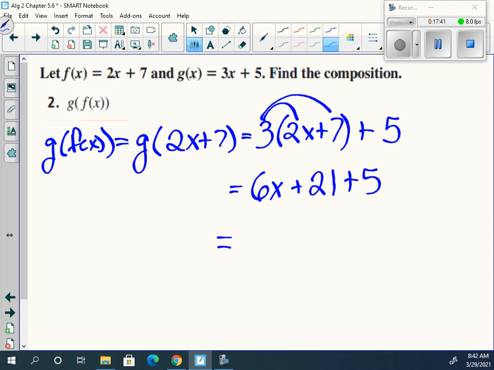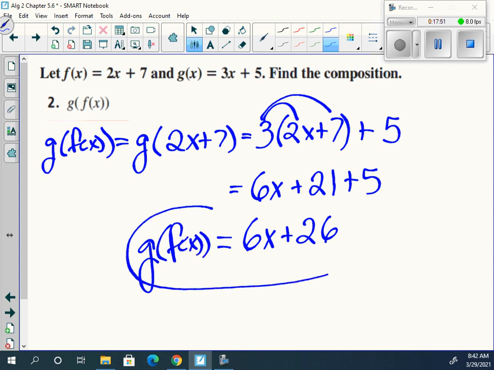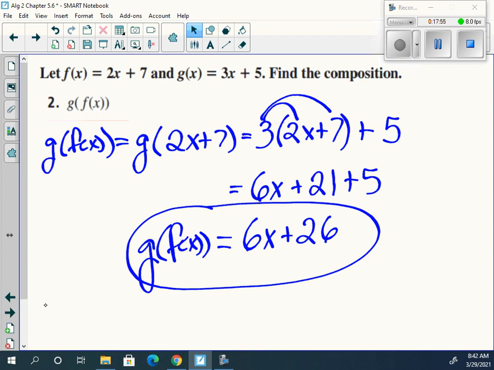So 21 plus 5 would give us plus 26. And this here would be our g of f of x. Questions on any of this here? We feel comfortable with this? Yes? For the most part?